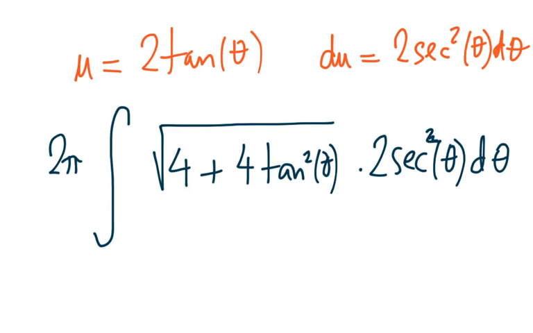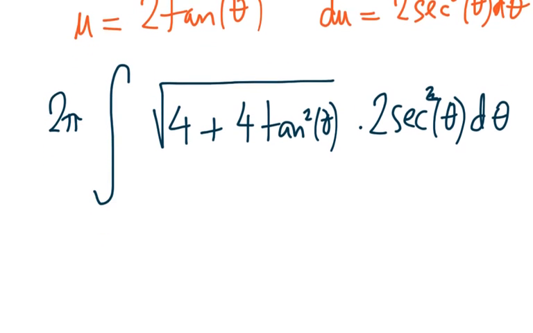I need to change the endpoints. Make a decision. Do I want to change the endpoints now, or do I want to go back after to do it? We could change the endpoints right now, because the endpoints are 0 and 1. So we can find theta.